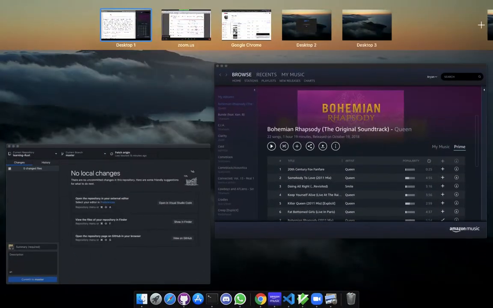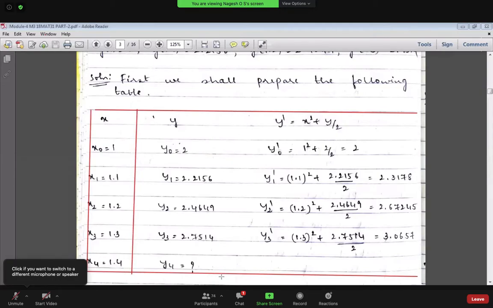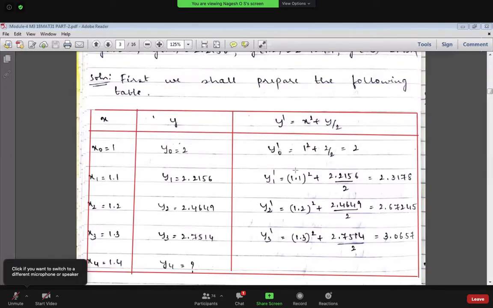Construct a table like this. Construct the table. Okay, x value, y dash value. You can write this in all the problems, it will be the same.